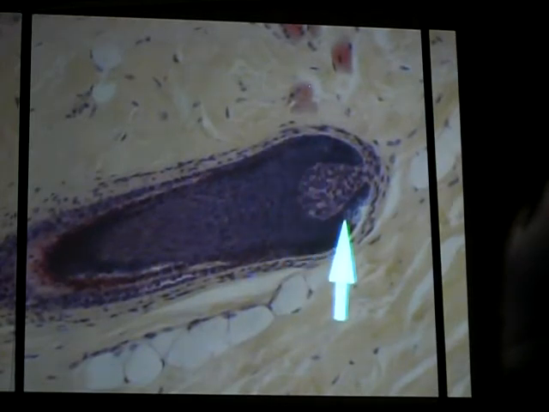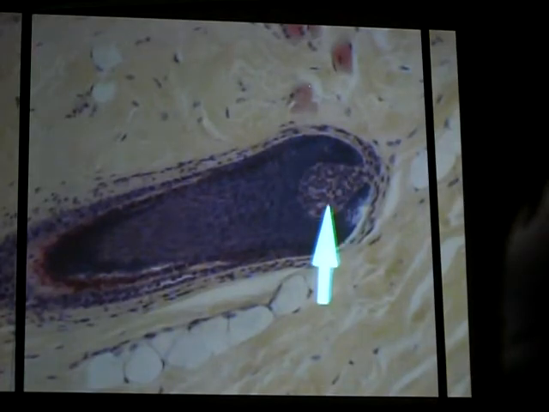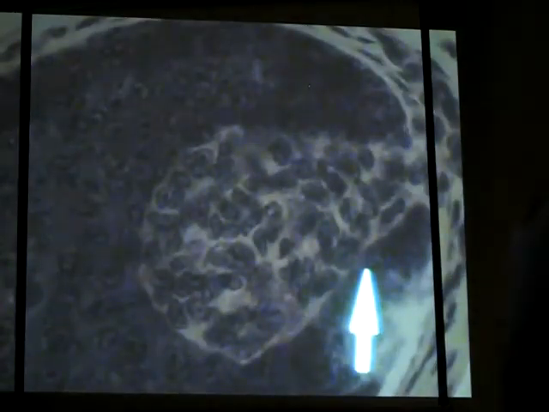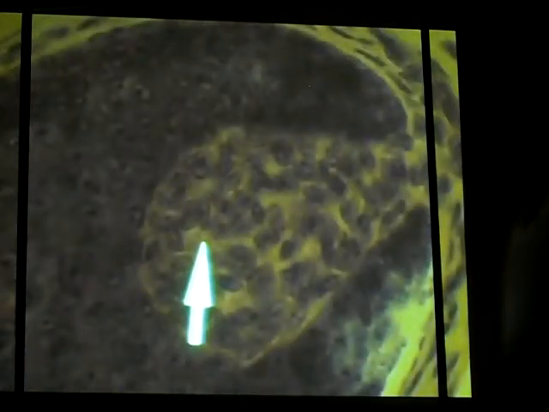So the hair follicle grows downwards and forms this covering down here. That's the hair bulb. This inside portion is called your dermal papillae, the portion that's projecting upwards.